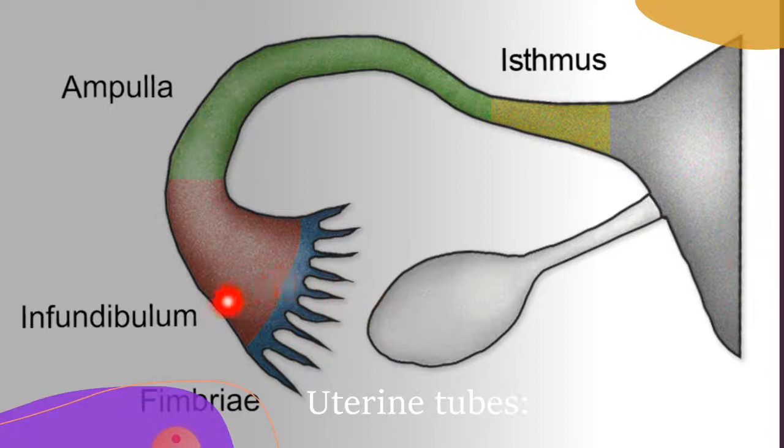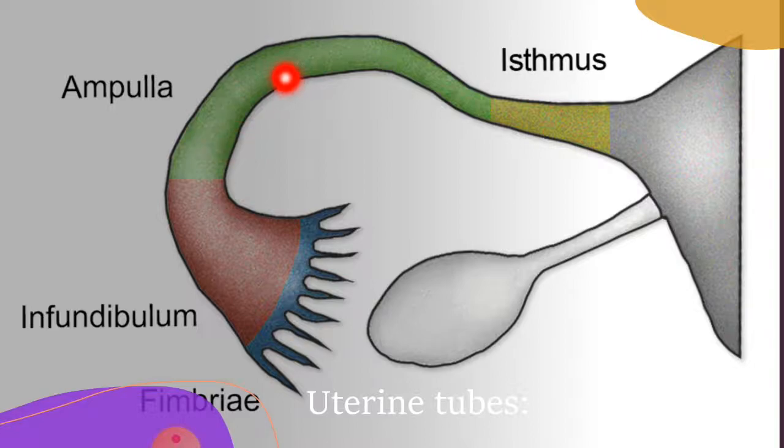Then if we talk about the infundibulum, as you can see, the shape of the infundibulum is funnel shaped, and each fimbria is attached to the infundibulum. Then if we talk about the ampulla, which is the widest section of the uterine tubes, the function of the ampulla is fertilization.